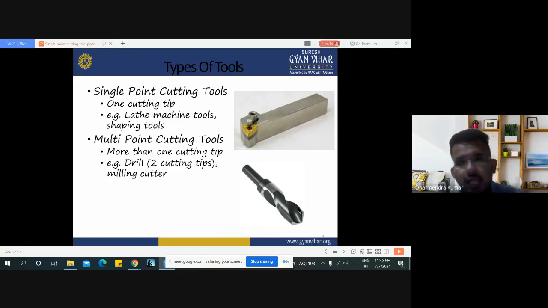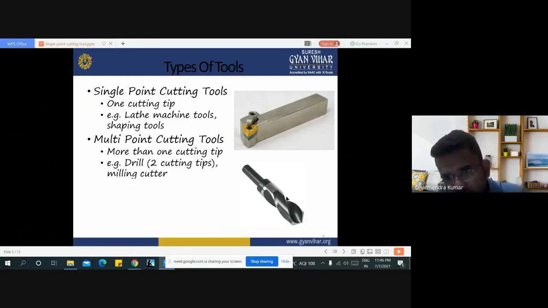On the other hand, if you're talking about a multi-point cutting tool, then it consists of two or more than two cutting edges. Like here in this picture, you have seen that there are three cutting edges. We have seen two cutting edges in the drill bit.